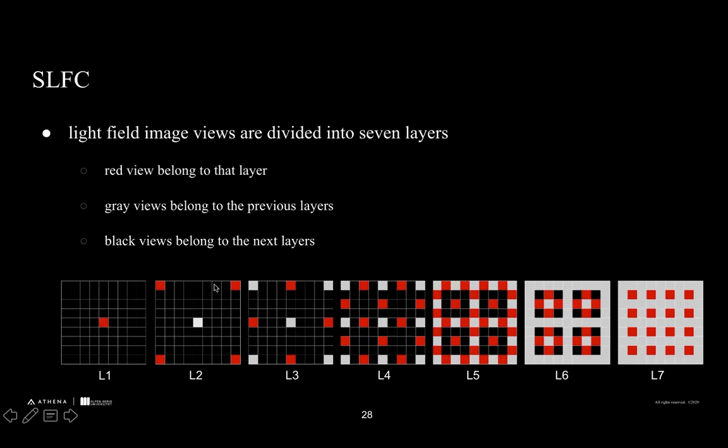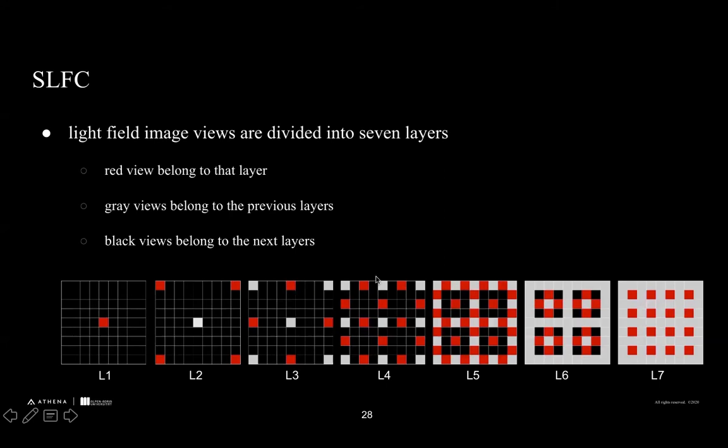In layer 2, corner views are added, and for the other layers, horizontal and vertical intermediate views are added. For example, in layer 3, we can see that for the top left and top right, their intermediate view, that is the top view, is added to layer 3.